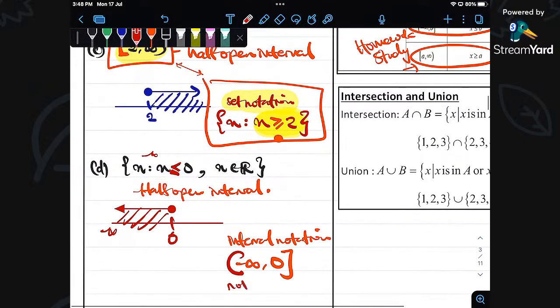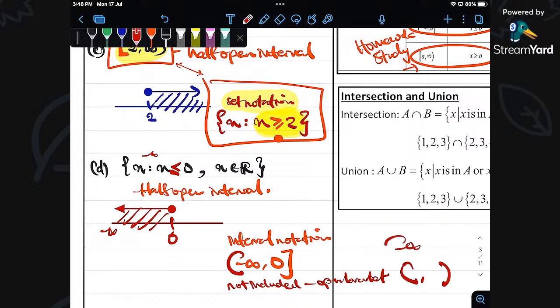It's not included, right? So it's not included means it's open bracket. So negative infinity mestilah open, tak mungkin close. So bila dia open, we call it half open interval. That is the only reason.